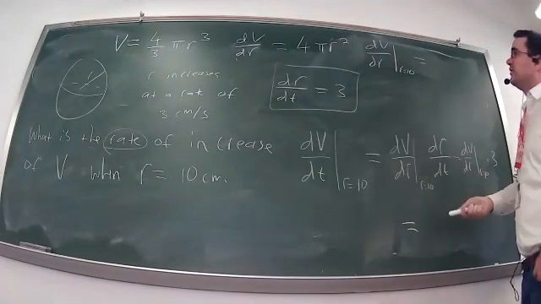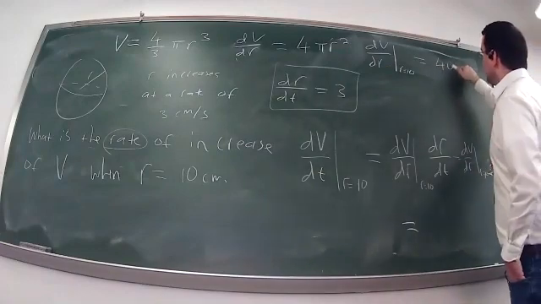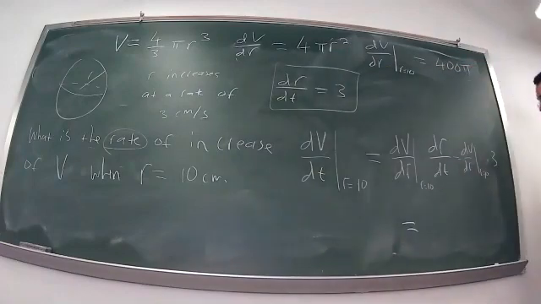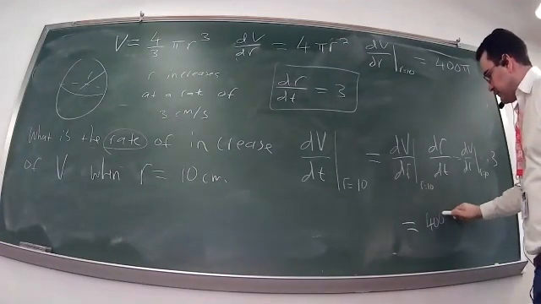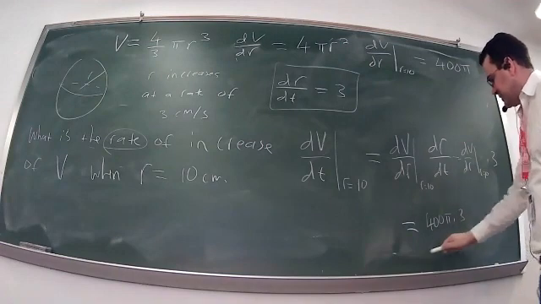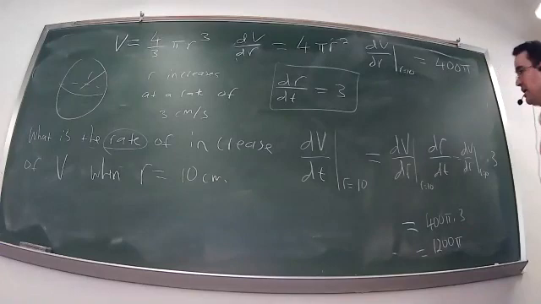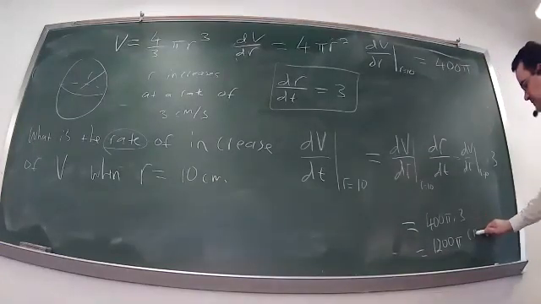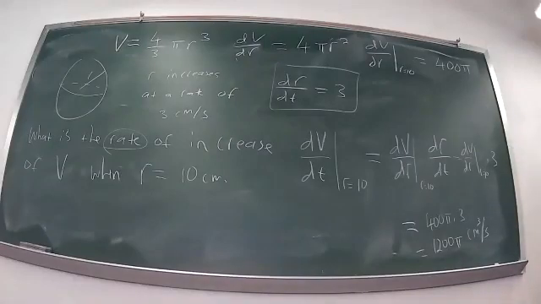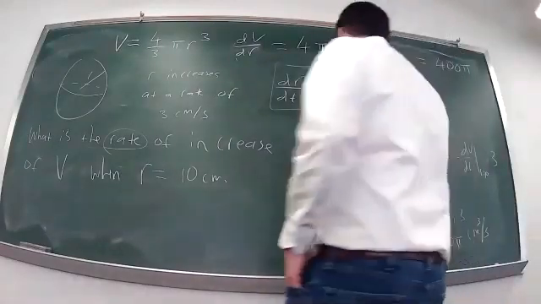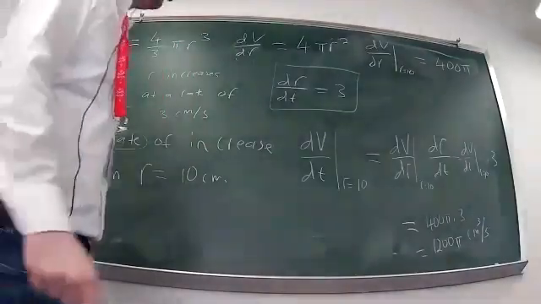So it's 4 pi times 100, it's 400 times pi. So your answer then is 400 times pi times 3. So your answer is 1200 pi centimeters cubed per second, because the volume over time was centimeters cubed per second.